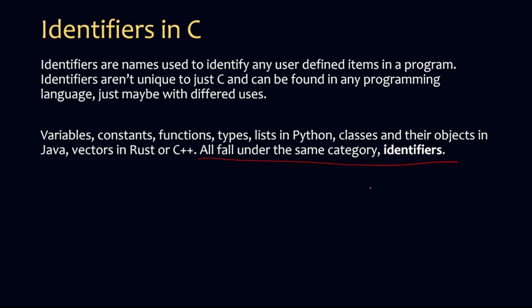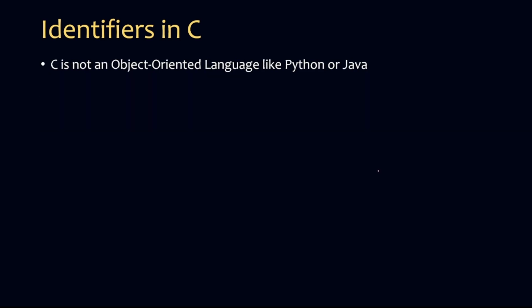Identifiers in C are needed because you just need to define a name for any kind of code that you're writing. So any section of code or any variable you're declaring needs a name, and thus it needs an identifier, right? So C is not an object-oriented language like Python or Java.